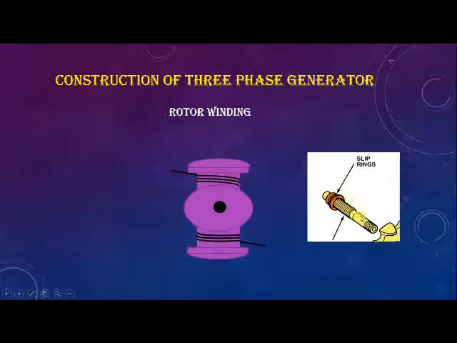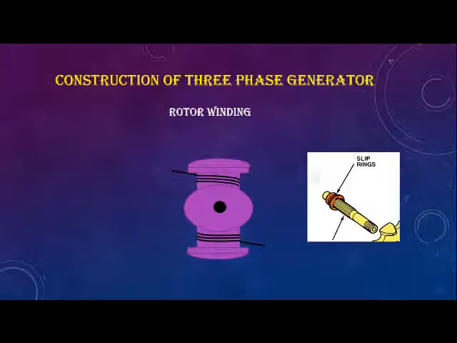So in the figure we can see the shaft. At one end of the shaft we have two slip rings. The shaft passes through the keyway, and both ends of the rotor winding are connected to the two slip rings, because the rotor is a rotating part and we have to give supply from a stationary battery.